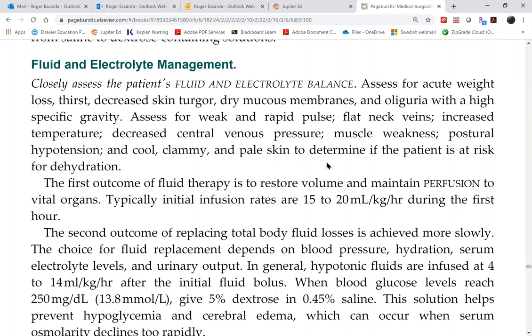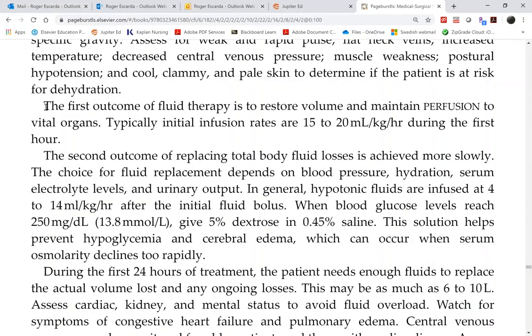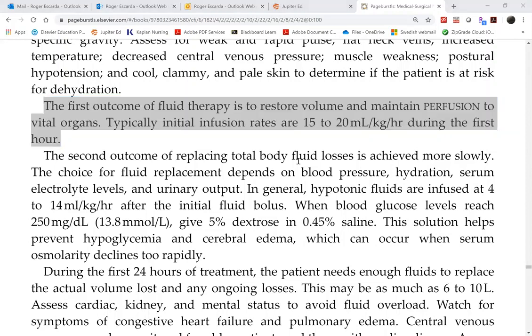All right, so we give fluids because obviously this patient is severely dehydrated, right? So if you read the second paragraph, thank you for reading, Mr. Kyle.